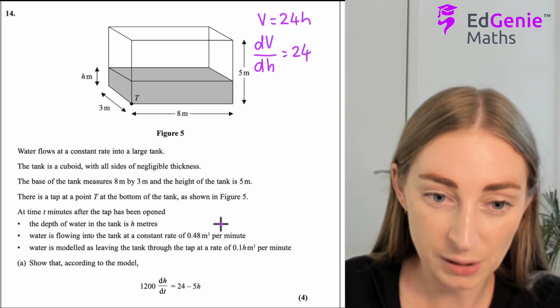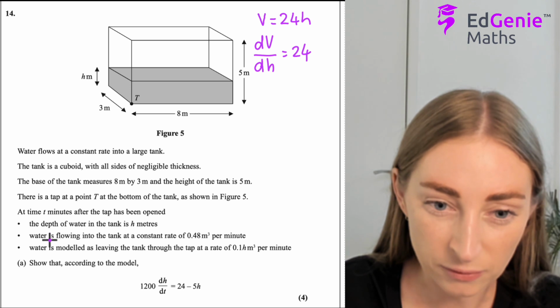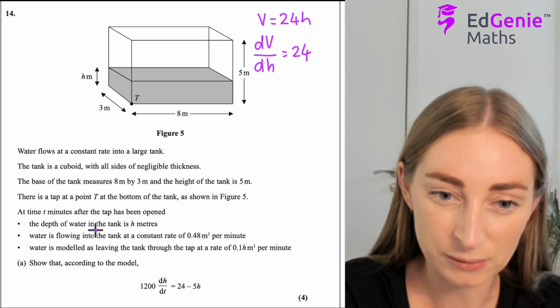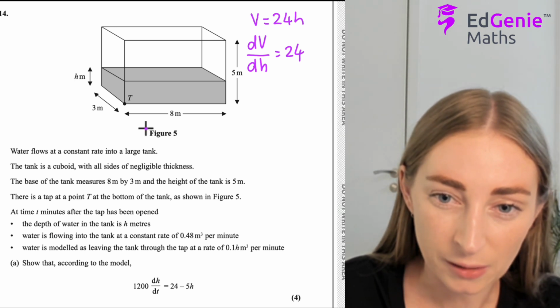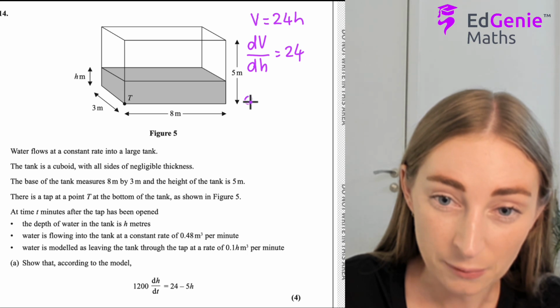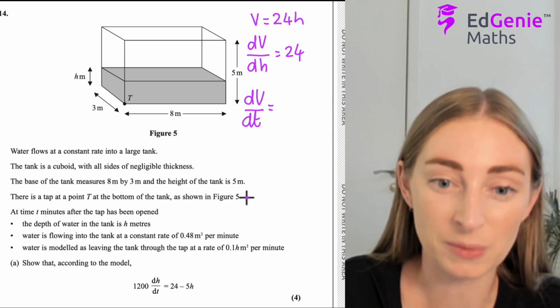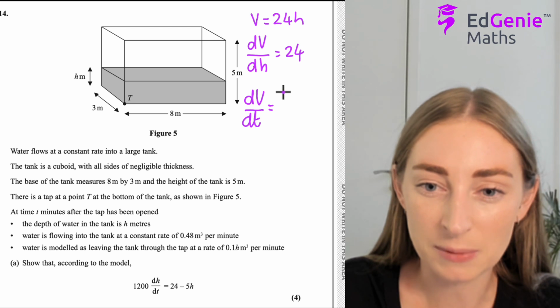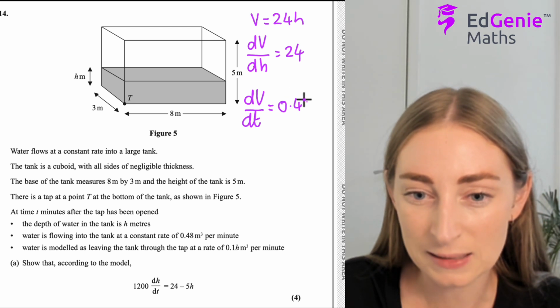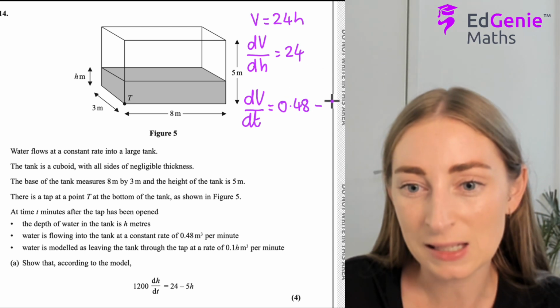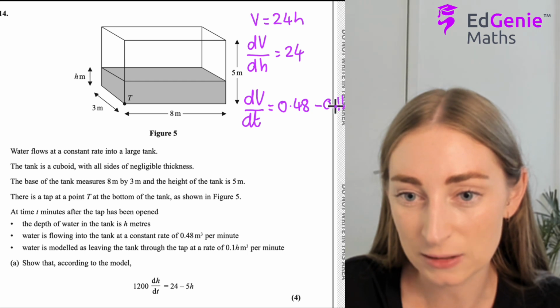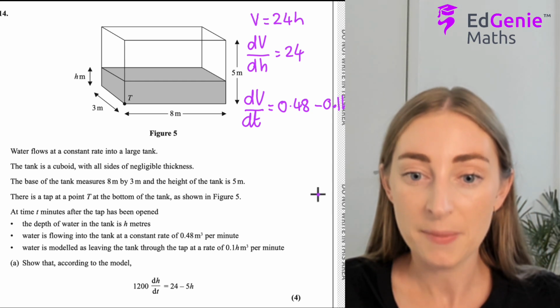We also know the water is flowing into the tank and out of the tank. So the change in the volume with respect to time is going to be 0.8 minus 0.1h.